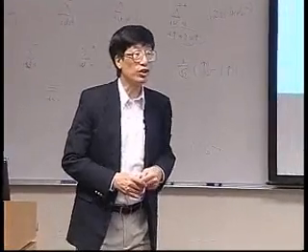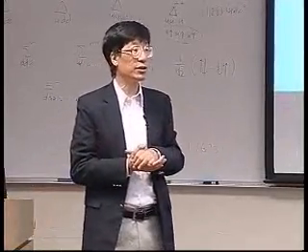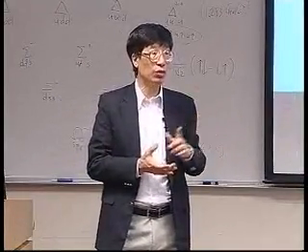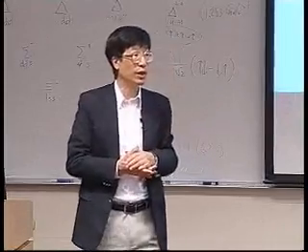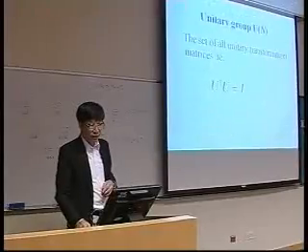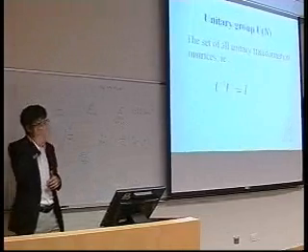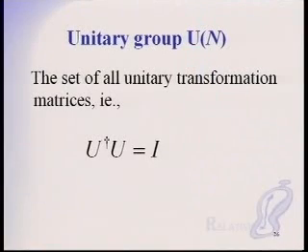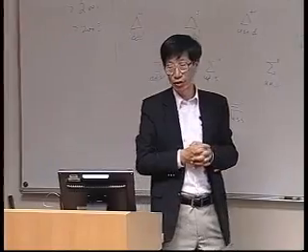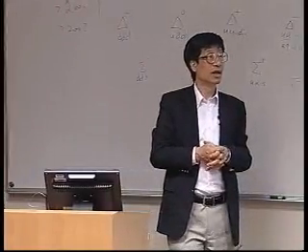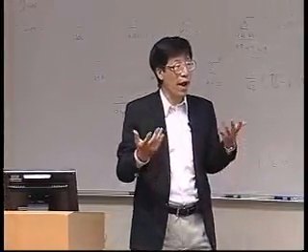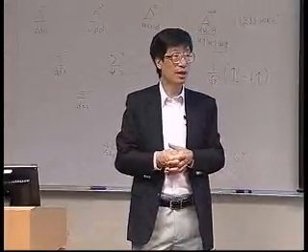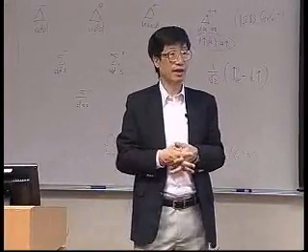Okay? So it's not all arbitrary linear operators U, but only those U's that satisfy U dagger U equal to identity. And all such operators are said to be unitary, and the group of all such unitary matrices is called the unitary group in n dimensions. And it's called U(N). Right? So it's the group of all n by n matrices that are unitary.